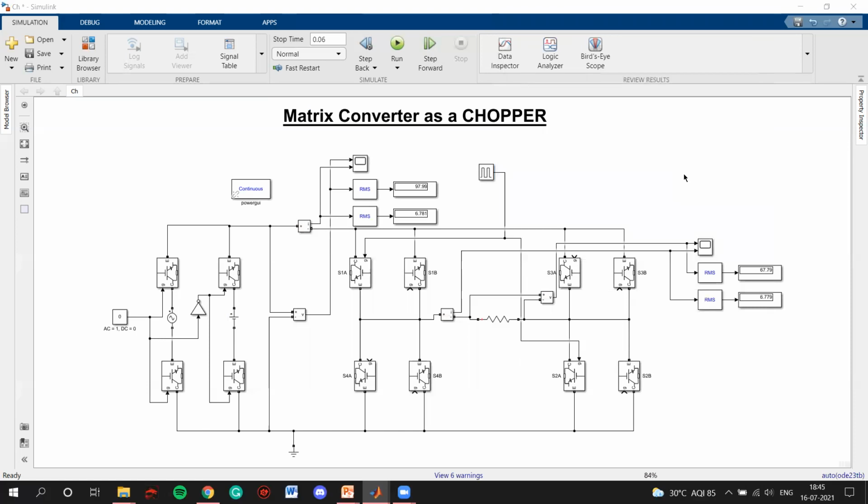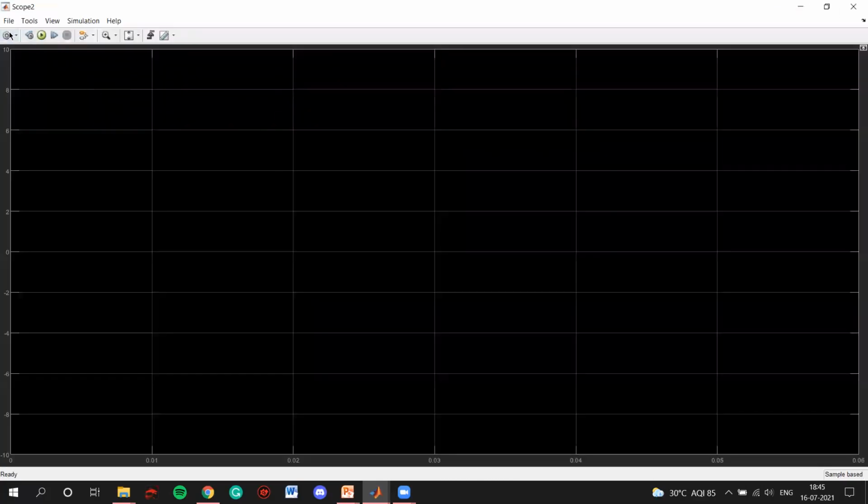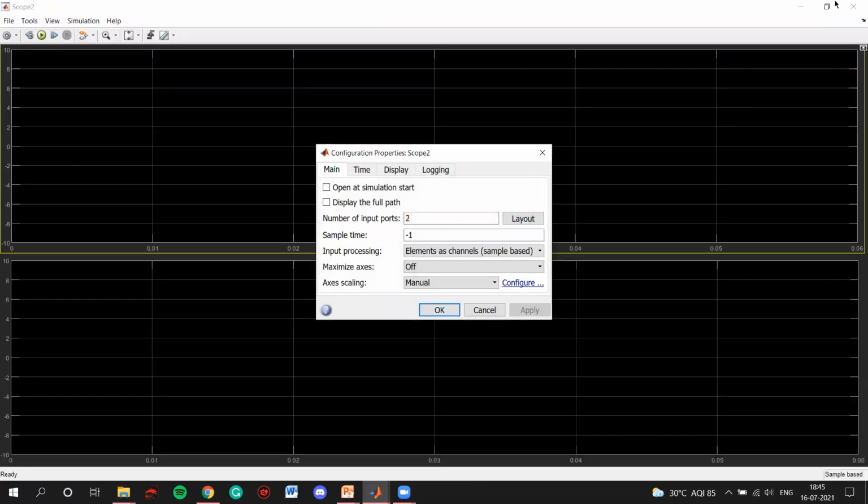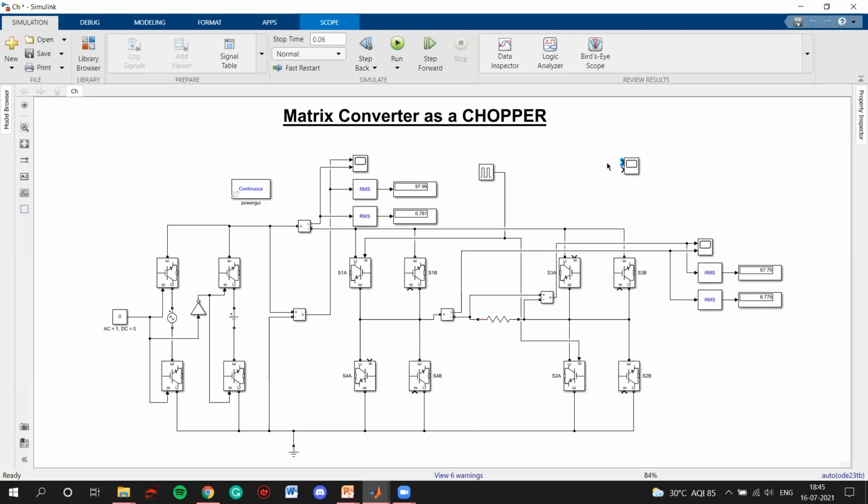Okay, so before this, let's take one more scope to see the gate pulses. Two switches are there, both are same only. So let's visualize them.